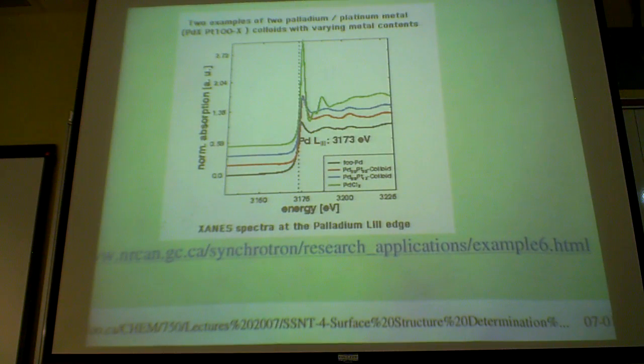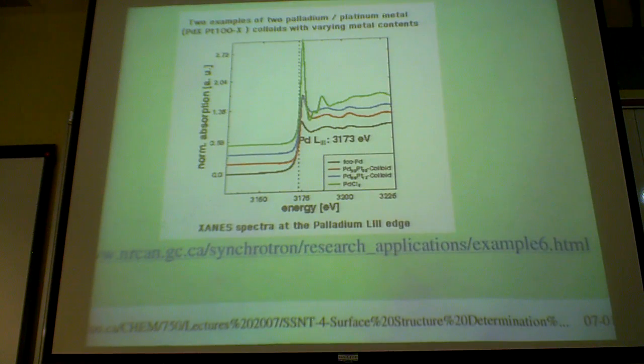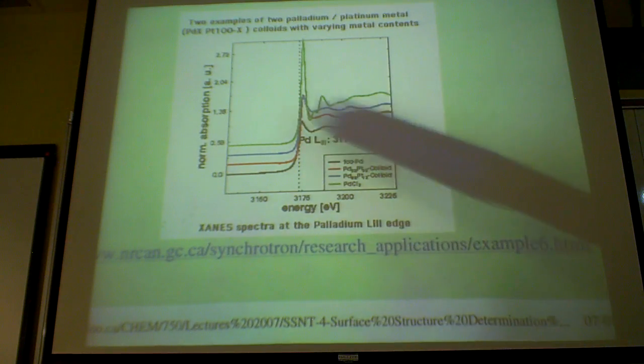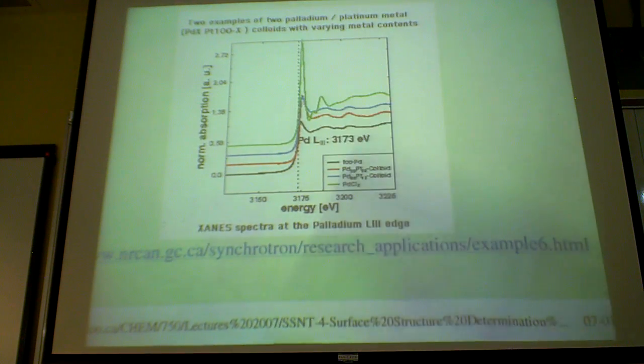And then the other two curves correspond to palladium colloid material. So this is nanoparticle now, right? You're talking about a few atoms, palladium, platinum mixed together. You create hybrid colloid particles in here, and you can see again the structure is quite different. It really tells you something about the chemical nature of the material itself. But of course, to identify them is not so easy.